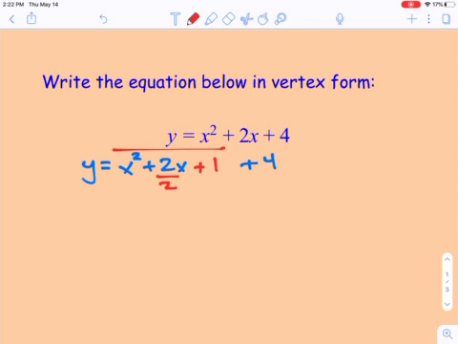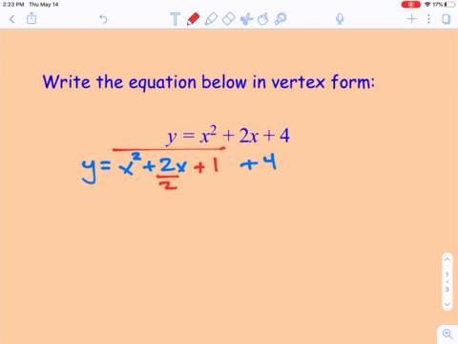Now here's the thing. This whole thing and this are not on opposite sides of the equation anymore. They are on the same side of the equation. So because they are on the same side of the equation, I have to deal with balancing this slightly differently.